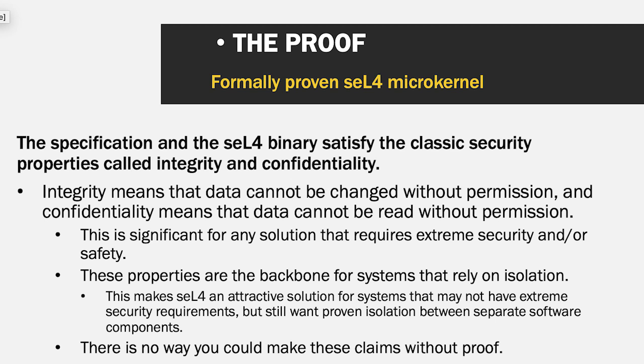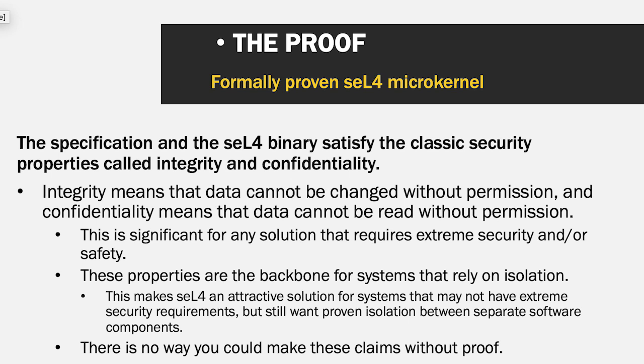The other part of the proof is that the specification and the seL4 binary satisfy the classic security properties called integrity and confidentiality. Integrity means that data cannot be changed without permission, and confidentiality means that data cannot be read without permission. So this is very helpful for any solution that requires some form of guaranteed isolation between different parts in the system.